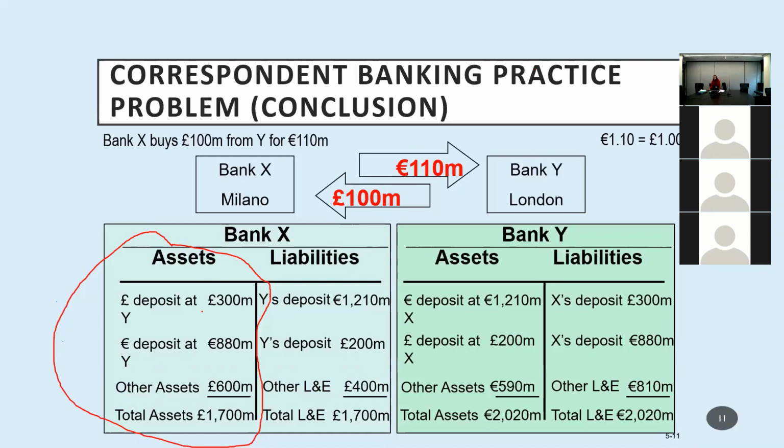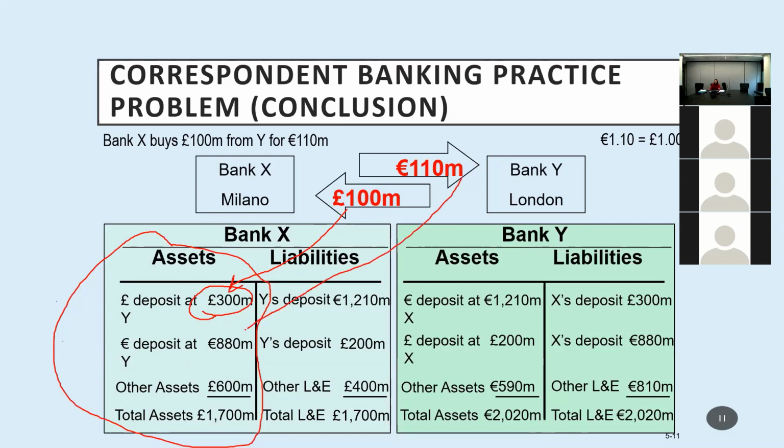In terms of their pounds holdings, do we expect to see an increase or a decrease? Increase. We want to see an increase, yes? So this should be an increase because we are expecting a positive cash flow.